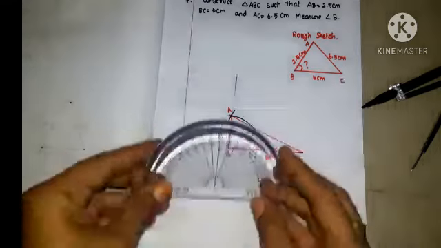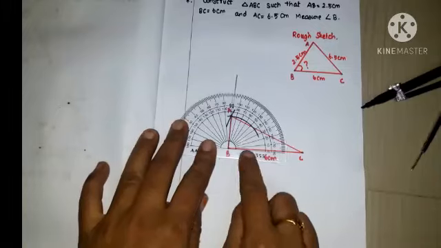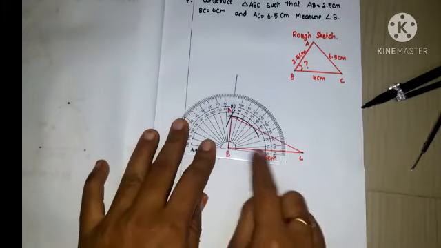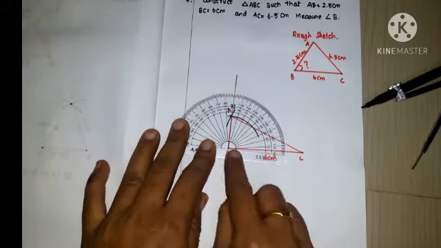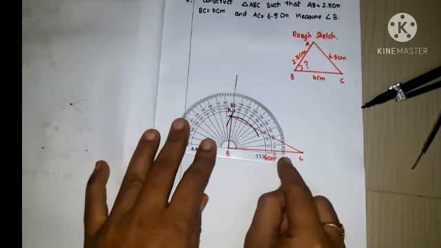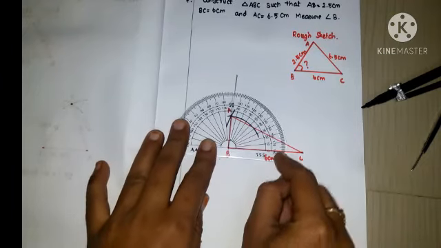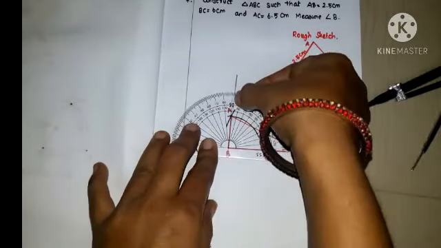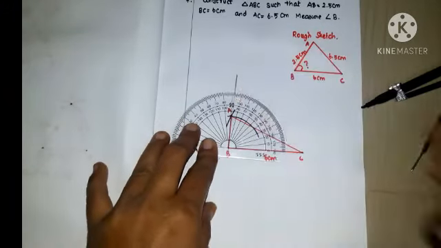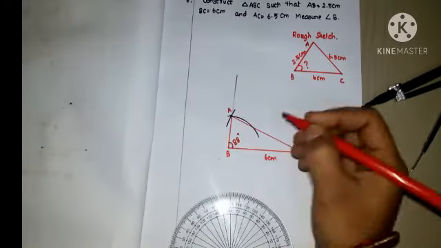So now see the protractor, I'm keeping the protractor at B, and the line segment BC should be merged with the baseline. So now it is exactly at 88. Okay, see where the line is passing, so at 88. So this angle is 88 degrees.